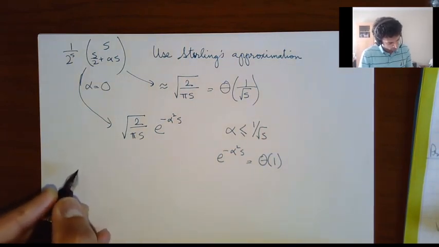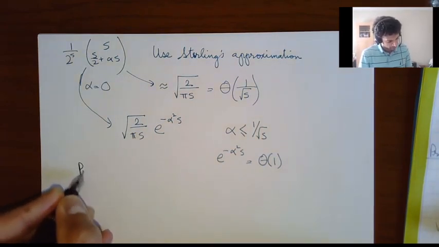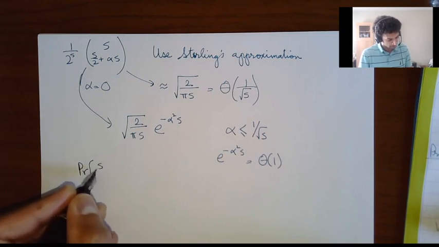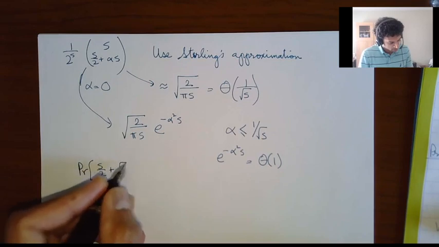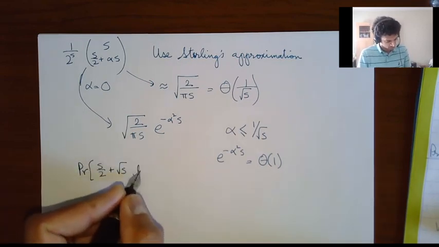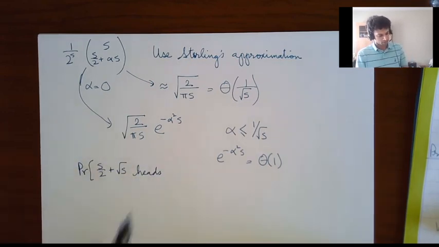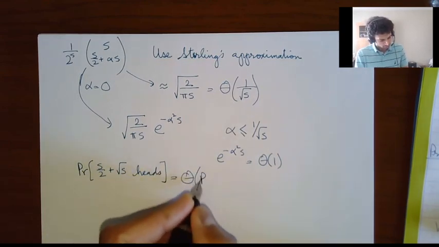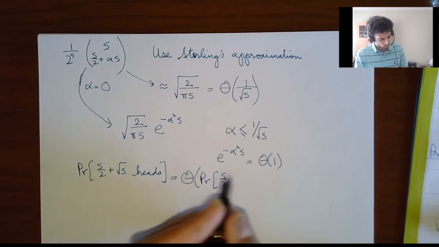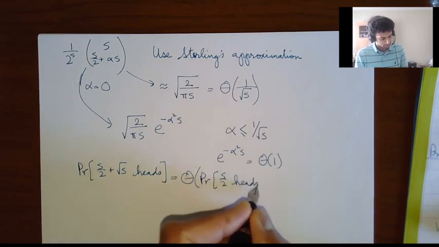So what I'll say is essentially the probability of getting s over 2 plus root s heads is essentially theta of the probability of getting s over 2 heads.